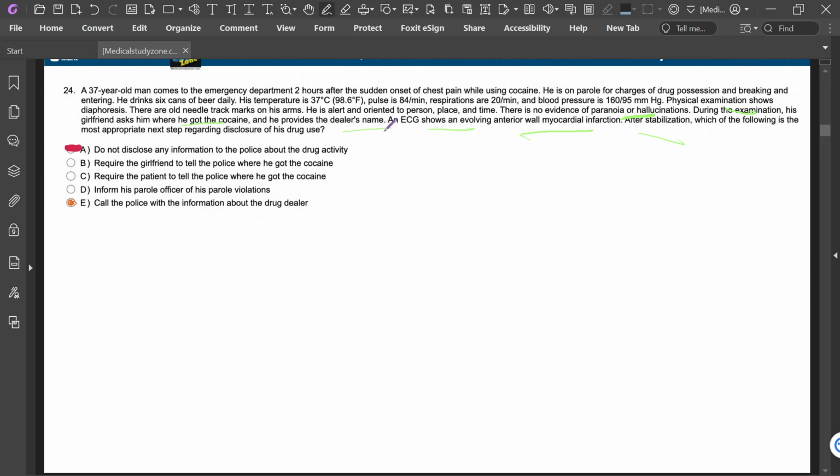Okay. The only situation when a physician can legally and ethically break physician-patient confidentiality is when a patient is likely to imminently and seriously harm themselves or others.